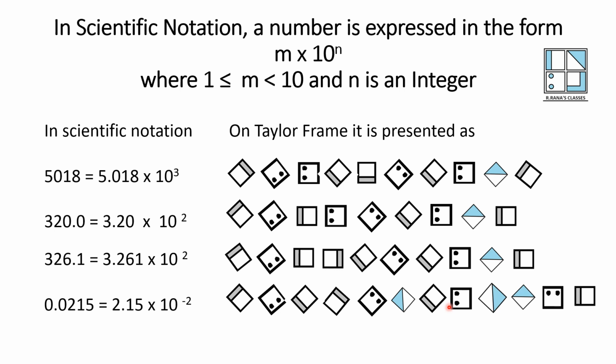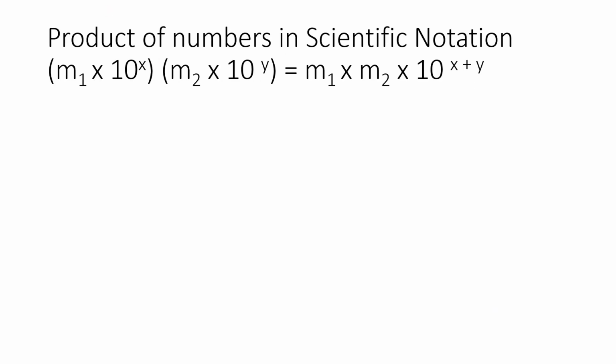Okay. To find the product of numbers, when the numbers are in scientific notation, we can directly multiply them. We can find the product directly without converting them to the normal form.